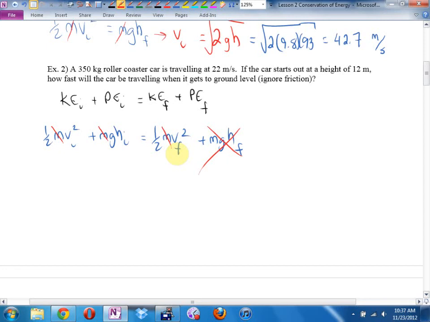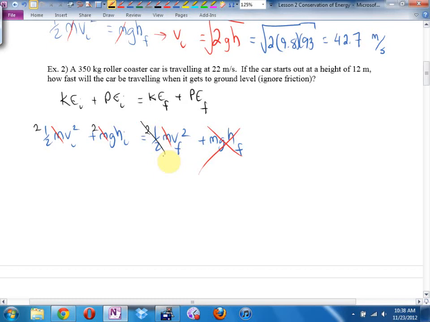What are we trying to find? What's in front of V final squared? You know what? Let's get really, really clever. Let's times by 2, times by 2, times by 2. Now, is that legal? Have I multiplied everything by 2? Then that is legal under equation solving. Now, why did I do that? Because 2 times a half cancels there, yes?